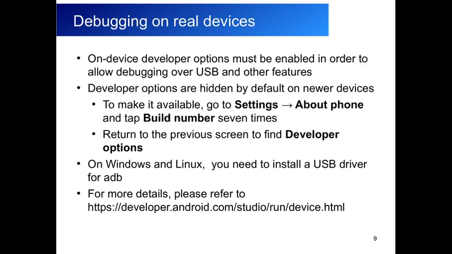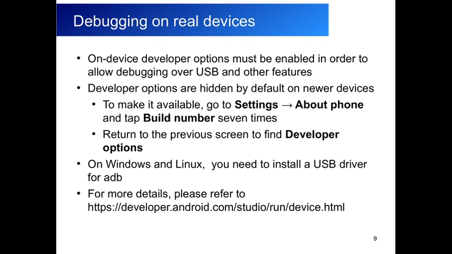In order to debug on real devices, you should set up the developer options on the device. There are USB and other features menus in which you can set up the developer options.